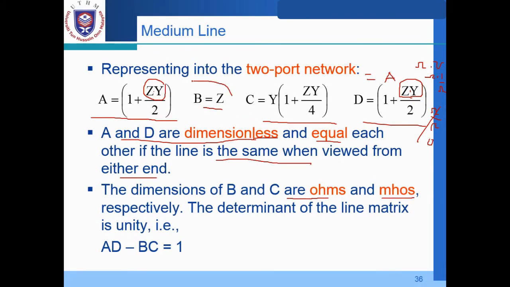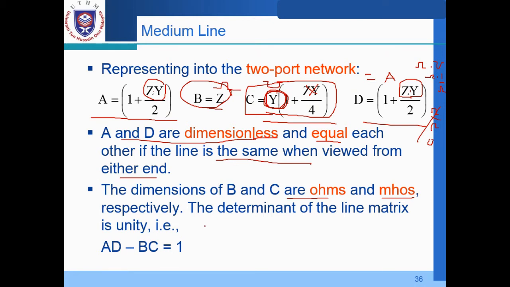Yes, this is ohm, Z. So this is C, in mhos, because even though the other terms have cancelled out each other, you still have Y as the unit or the dimension. So you have more over here still remaining, and this is obviously ohm.